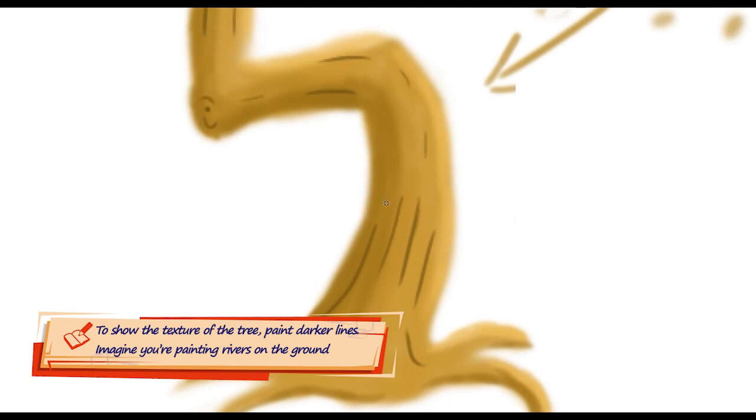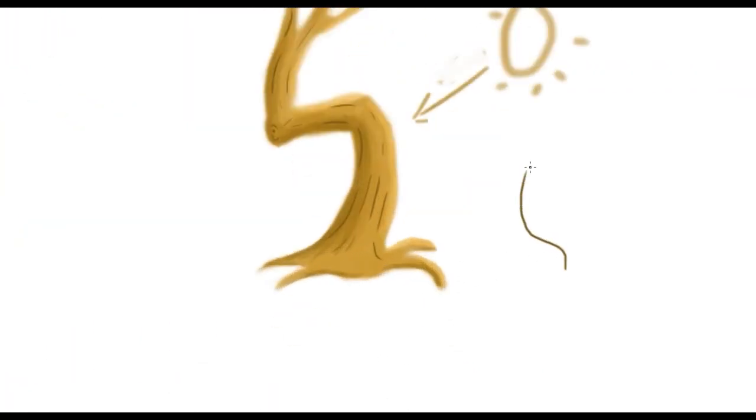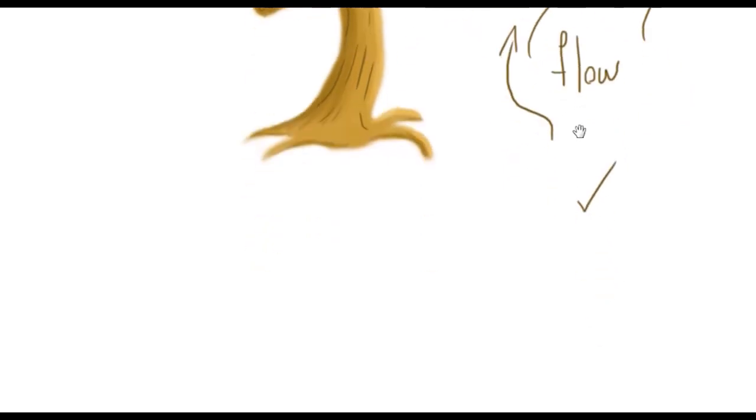Imagine you are painting river on the ground. When you are painting the cracks on the tree, imagine you are painting the flow of the water. The flow of the water is curved, smooth lines. They are not straight, diagonal lines.